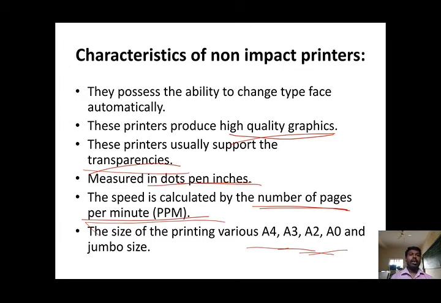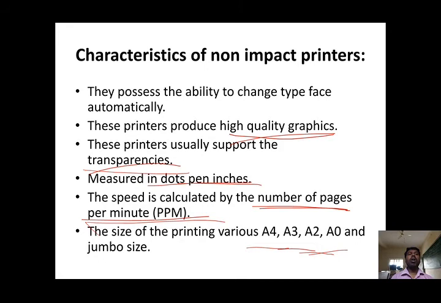In impact printer, we cannot print graphic images, but in non-impact printer, we can print high quality graphic images. Next, non-impact printers usually support transparency copies, whereas impact printer does not support.